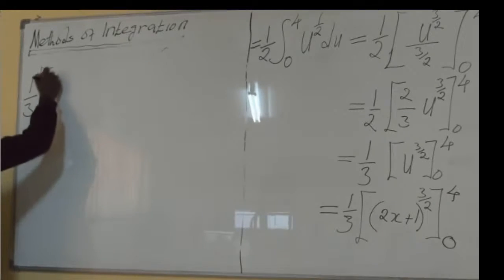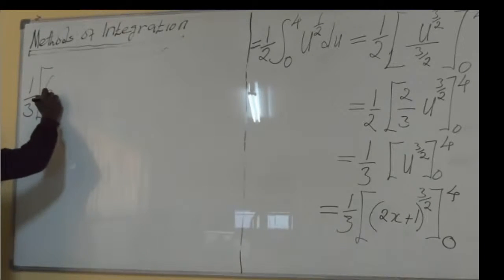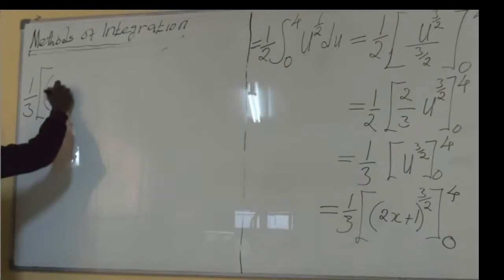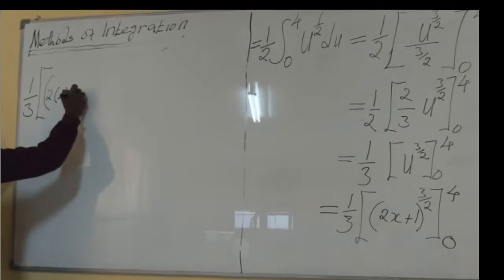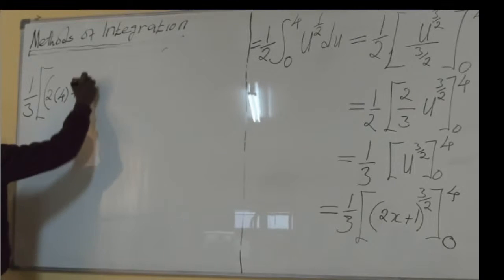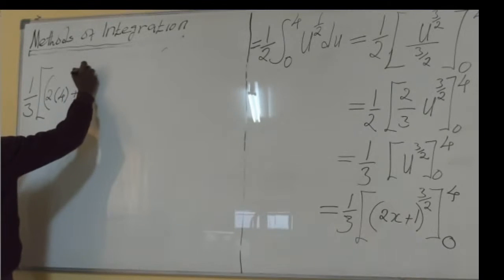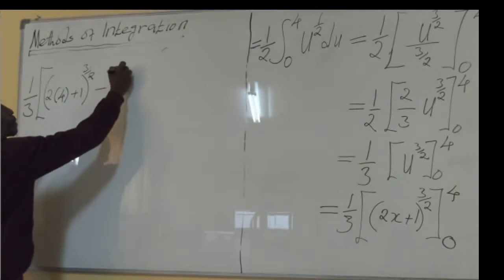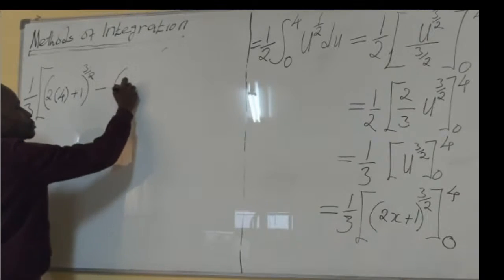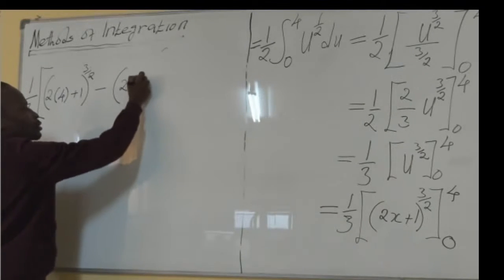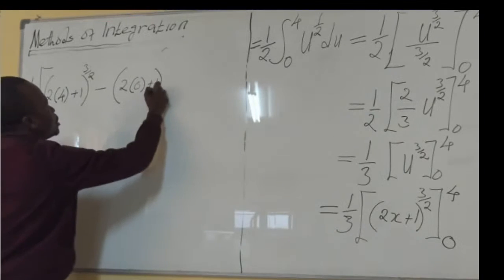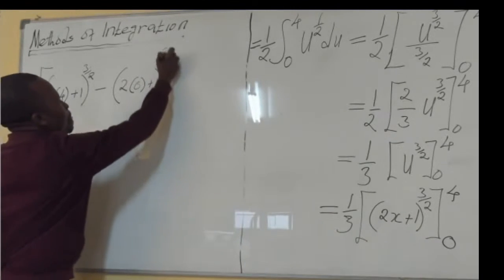So we have 2 by 4 plus 1 to the power 3 over 2 minus, by using the fundamental theorem of calculus, 0 plus 1 to the power 3 over 2.